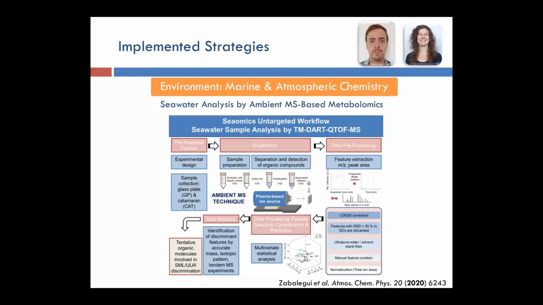And so in the lab, we developed an ambient mass spectrometry-based metabolomics and target workflow or method by using transmission mode direct analysis in real-time quadrupole time-of-flight mass spectrometry. So we gave the name of C-omics to this metabolomics and target workflow that aimed at differentiating the organic composition of dissolved organic matter that was present in samples collected from the sea surface microlayer and the underlying water.